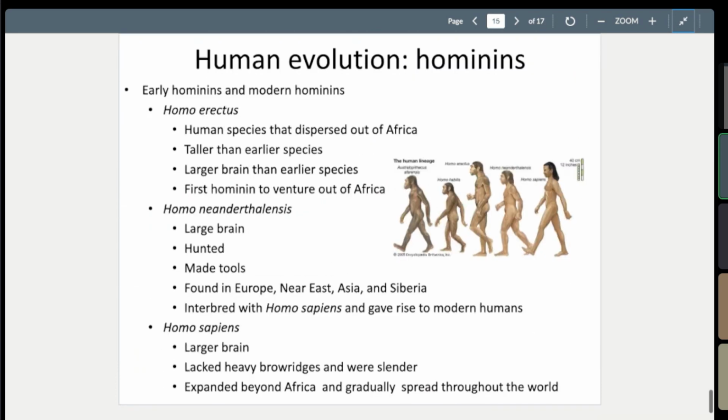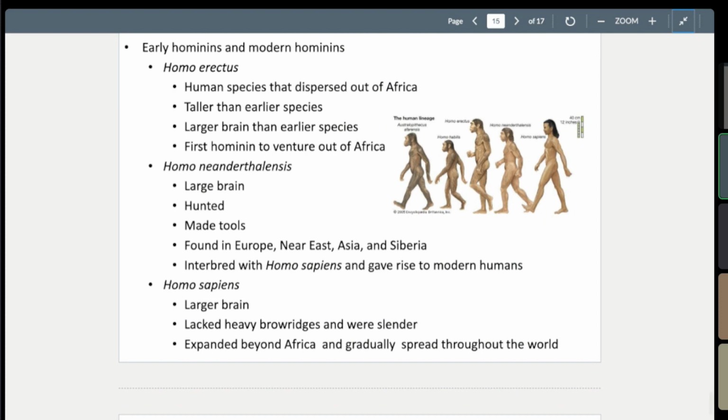Now we continue on with the lineage. We have Homo erectus, the first ones to stand. They're taller, have a larger brain size, and were the first hominids to venture out of Africa. Homo neanderthalis had a large brain, hunted, made tools, and interbred with Homo sapiens to give rise to the modern-day human being.